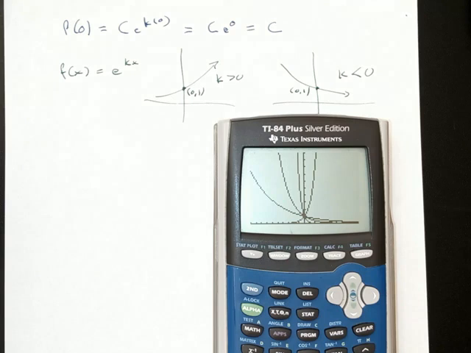This particular differential equation and the resulting solution is called an unrestricted growth or an unrestricted decay model.